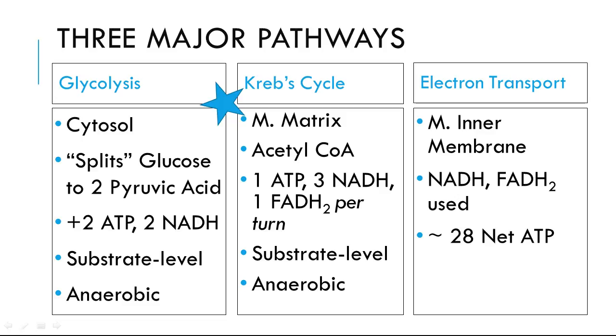So it's going to be more efficient in the total number of ATP synthesized, but we're going to have to go through a little bit of brain work to understand how it works, because it's not just directly transferring a phosphate from one molecule to another. So what type of phosphorylation is it then? Oxidative phosphorylation. And is the process aerobic or anaerobic? Aerobic. We're going to see good old oxygen finally, after all this, come into play.